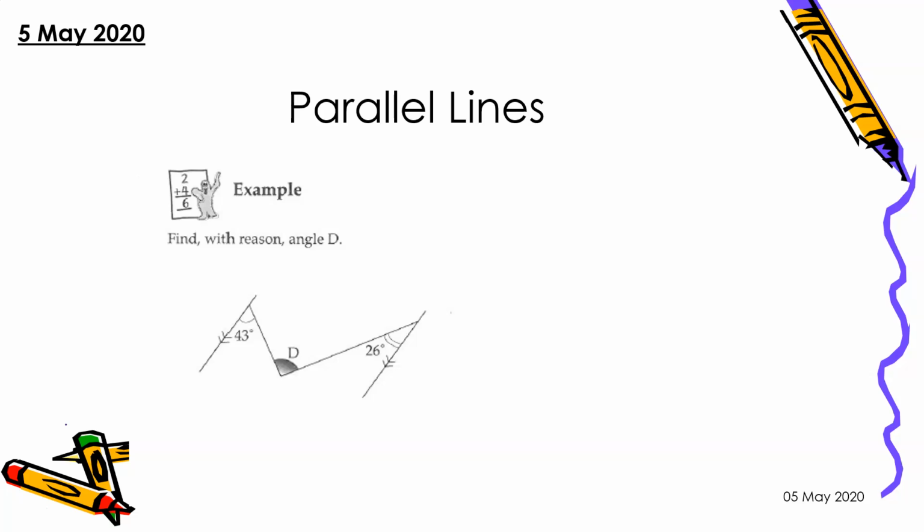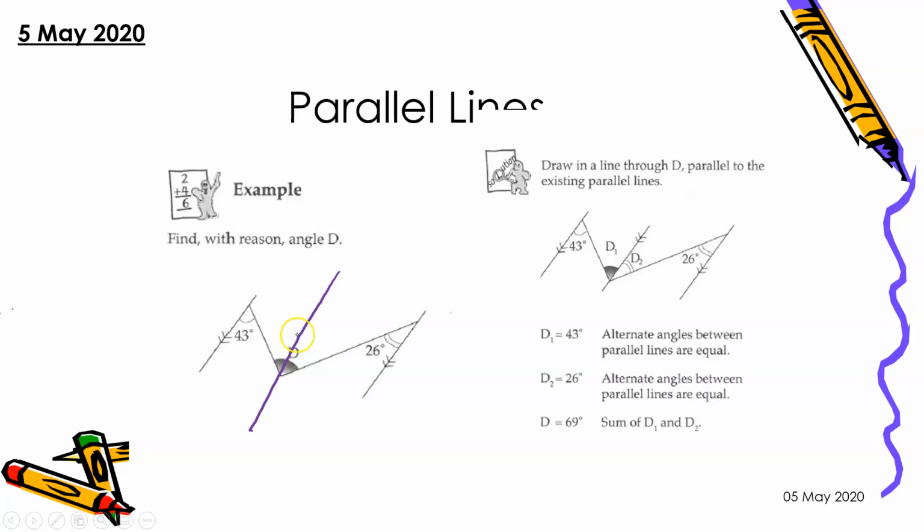So the trick with this one is don't be afraid to add information in. So this one is missing a vital piece of information which I can add: if you add a parallel line, that suddenly creates a Z for those angles, and it creates a Z for these angles.